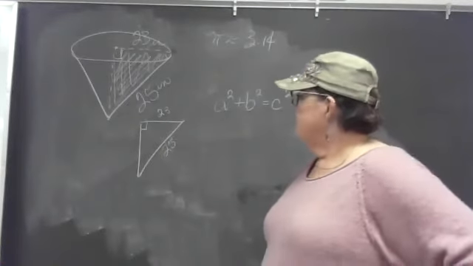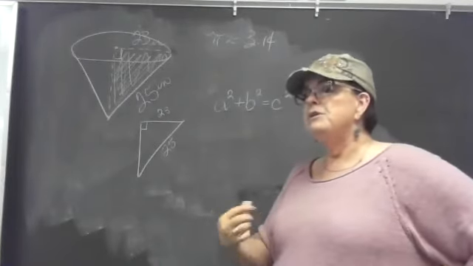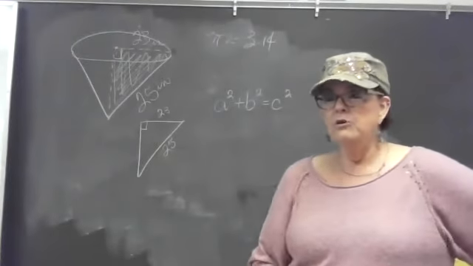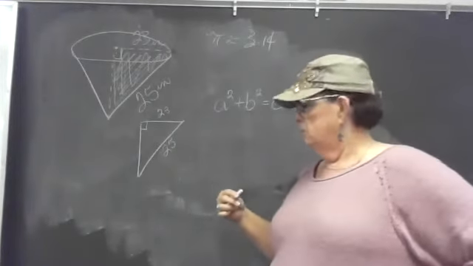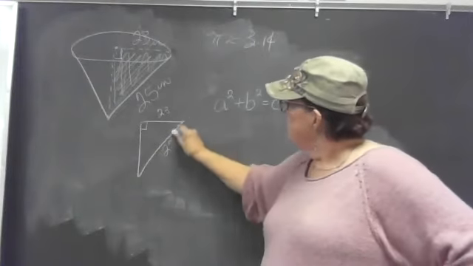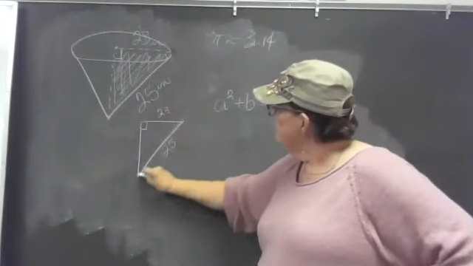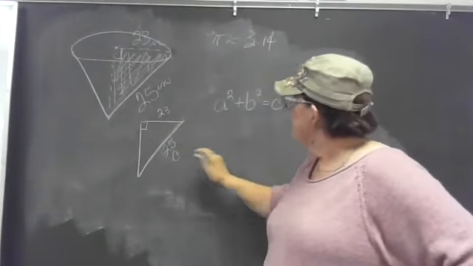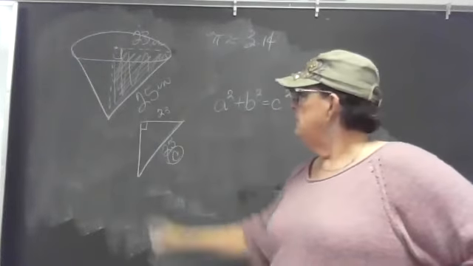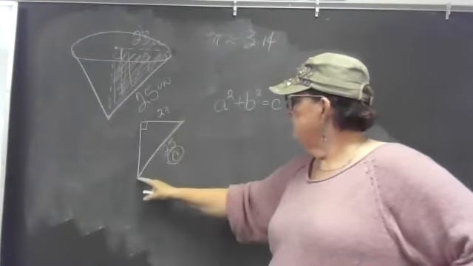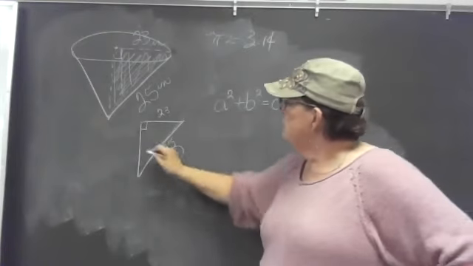And the one thing that you have to remember, if you want more details about this Pythagorean theorem, you need to go back to the YouTube video. But the short version is the longest side is called the hypotenuse, and it always has to represent the C. Always. It has to be the C. It's across from the right angle. It's the longest side. The other sides, I don't care.